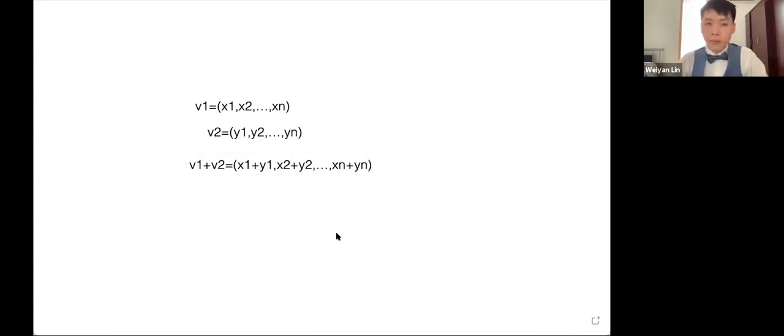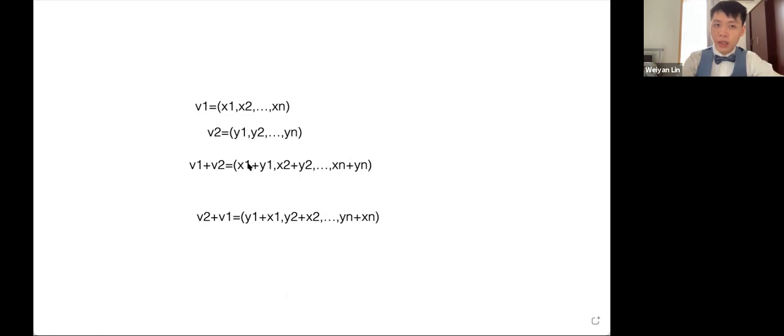Right. So as you can see, this is commutative, because if we switch the order, V2 plus V1, you're just adding each dimension as y1 plus x1, y2 plus x2, yn plus xn.